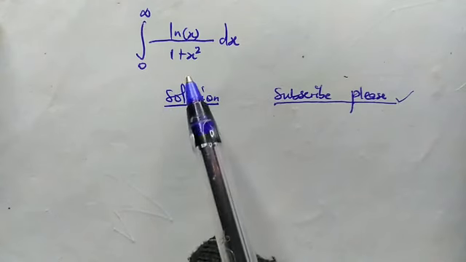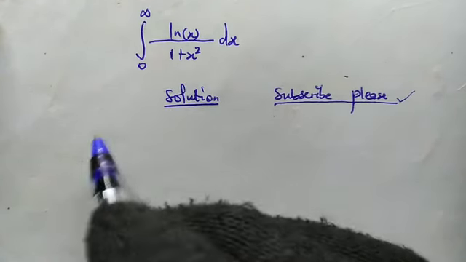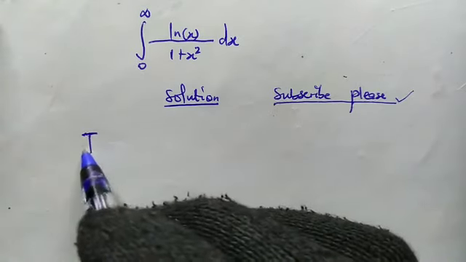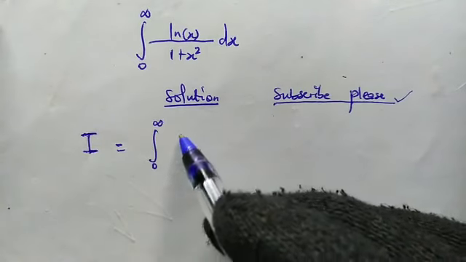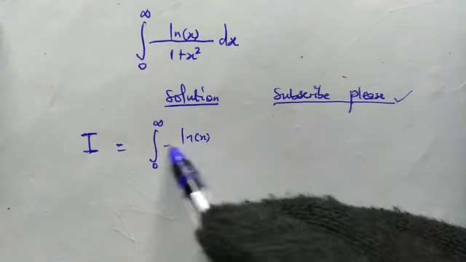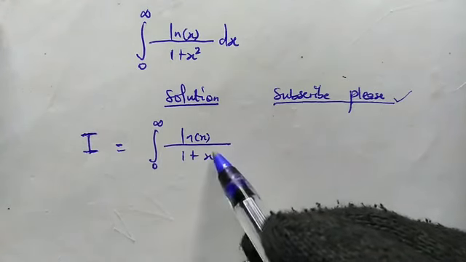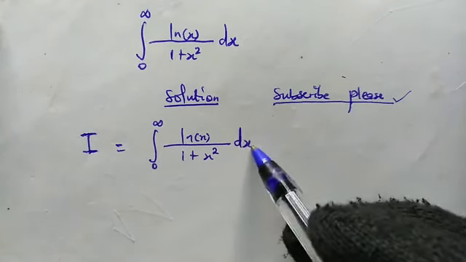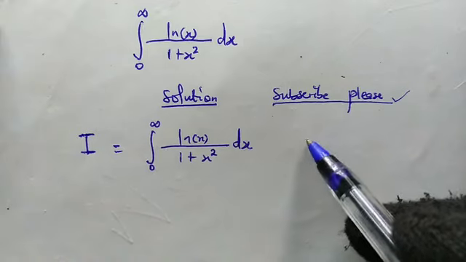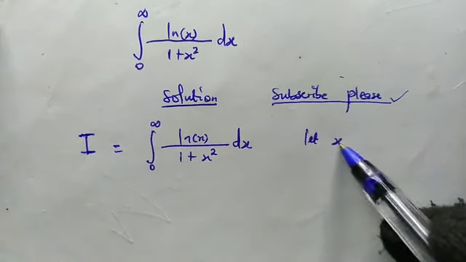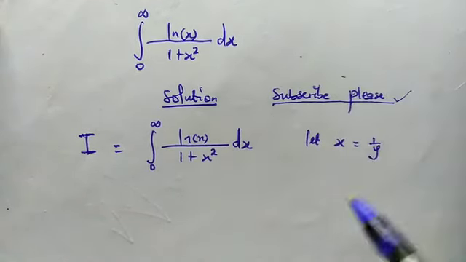This integral, I'm going to call it I. So here I have I is equal to the integral from 0 to infinity of the natural log of x over 1 plus x to the power of 2 dx. From here, I'm going to make the following substitution. I'm going to let x equals 1 over y.